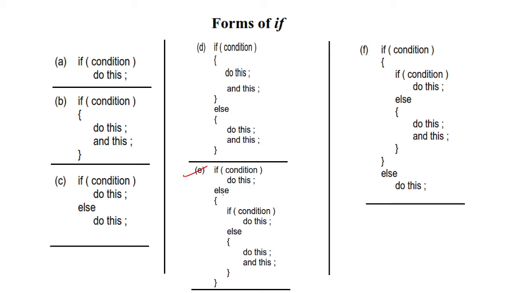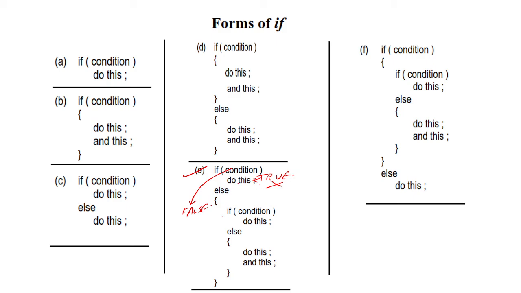In the fifth case, we can see if the condition becomes true, it will do only this work, else it will go to here, meaning false. If this condition is false, it will go to here and will not do this work.